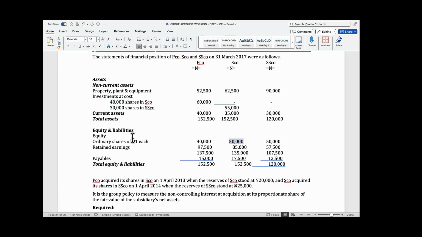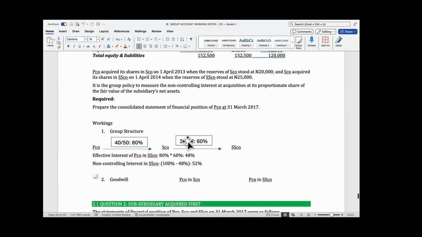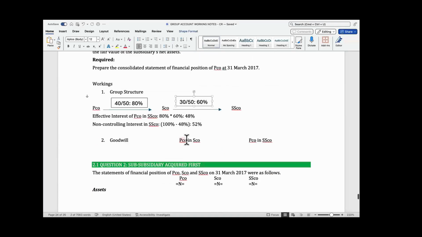So this 50,000, if I divide it by the nominal value of €1, gives me 50,000 shares. So 40,000 upon 50,000 gives me the 80%. The same thing applies to getting the holding ESCO has in SSCO. ESCO acquired 30,000 shares in SSCO, and SSCO has 50,000 shares. That was how I also did this.